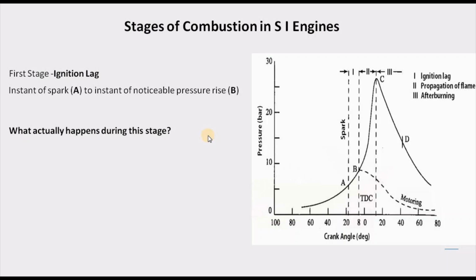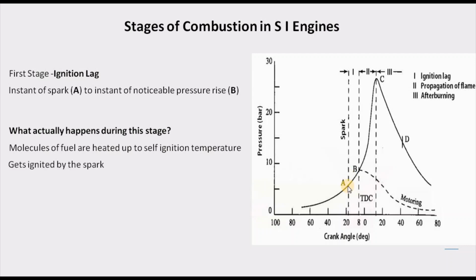What is actually happening in this particular stage of ignition lag? We know that air fuel mixture is available, and the fuel molecules are getting heated up due to the compression. So sufficiently we are able to increase the temperature. At a certain point we are going to give a spark. So at point A we have given the spark. Now when the spark is given, a self-propagating nucleus is going to form.